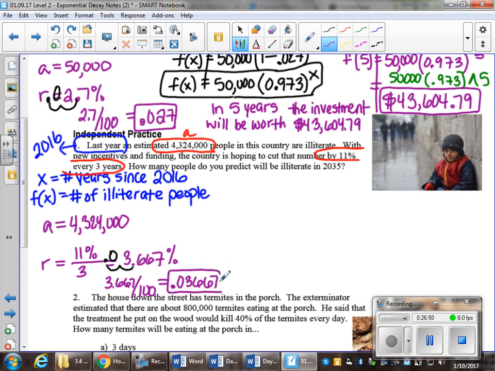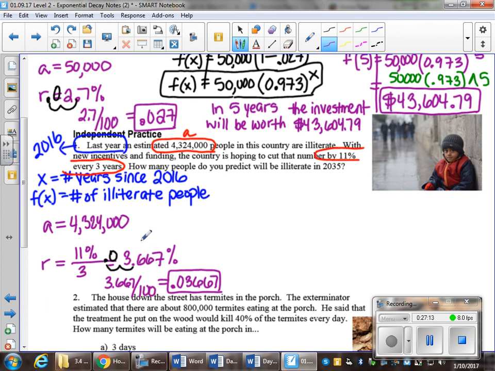That's the decimal I need. So big picture, the point of this question being in your notes is to help you to realize that sometimes you might have to do a little work. If you're given a percent per 3 years or 5 weeks or 10 years, whatever it may be, it has to be per 1. And to do that, you need to divide.